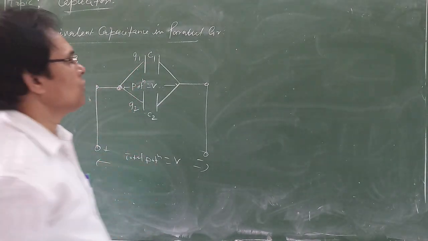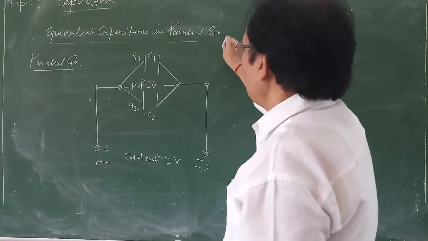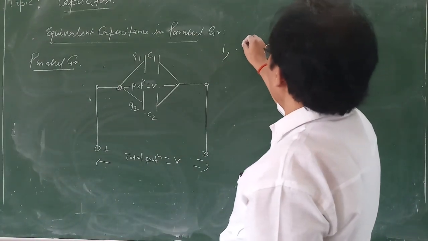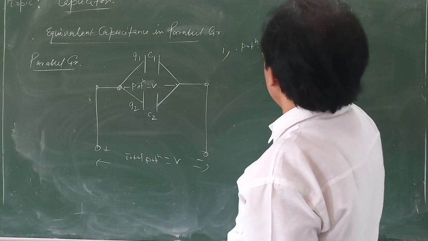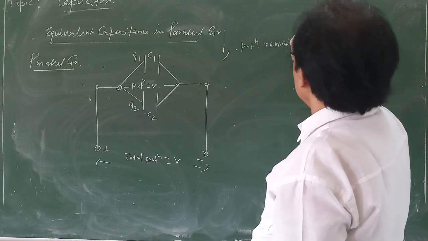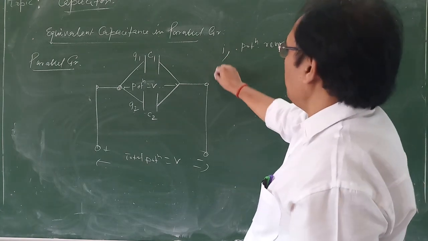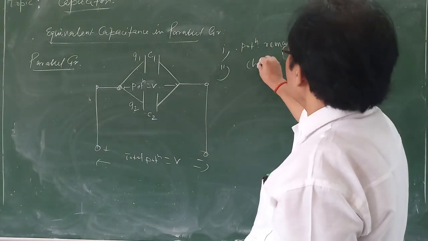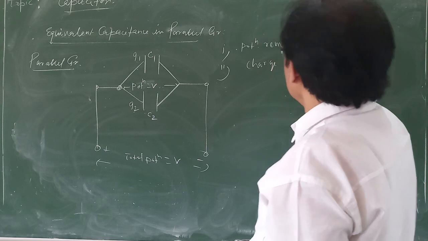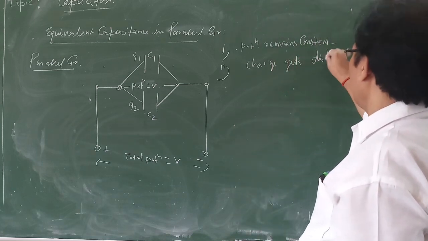So now you can use the formula here. Here two points are there. First, potential remains constant. Second important point is charge gets distributed.